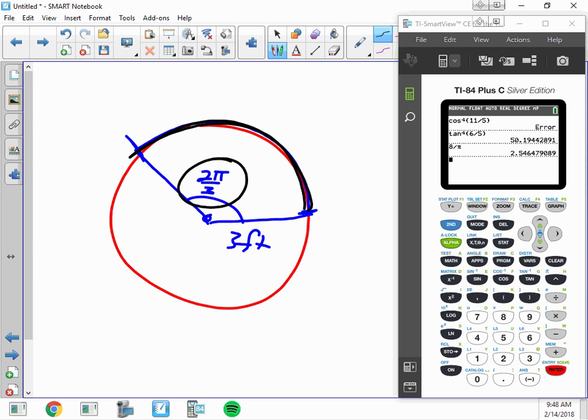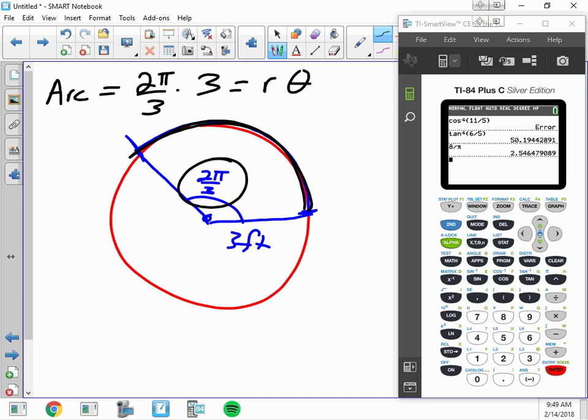So how do I find the arc length? You just multiply, so the arc length is equal to 2 pi over 3 times 3. Or, thank you, the arc length formula is just r theta. That's it.